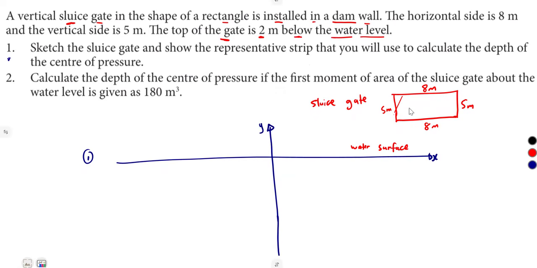This sluice gate was installed in a dam. But what is it taking? Its top is 2 meters below the water surface. So from this, we're going down 2 meters. So it will be at -2. That is where we are going to put this gate. It's going to start from -2.